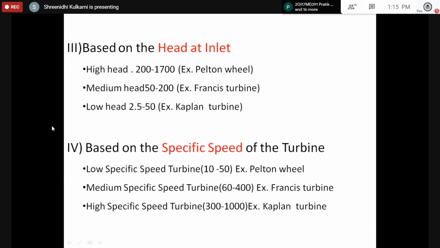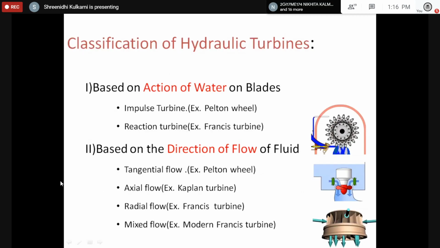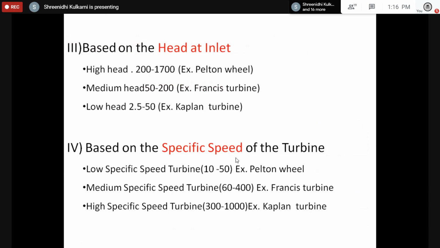These are the classifications of hydraulic turbines: based on the action of water on turbine blades, the direction of flow of fluid, the head at inlet, and the specific speed of the turbine.